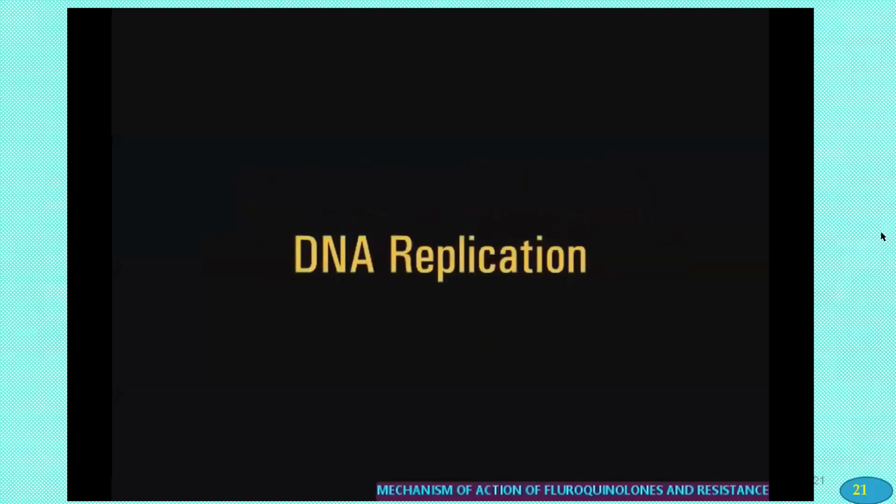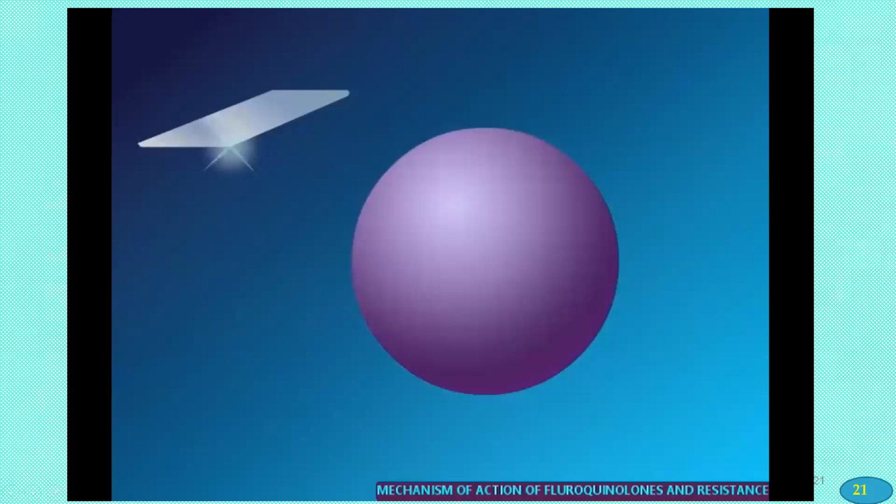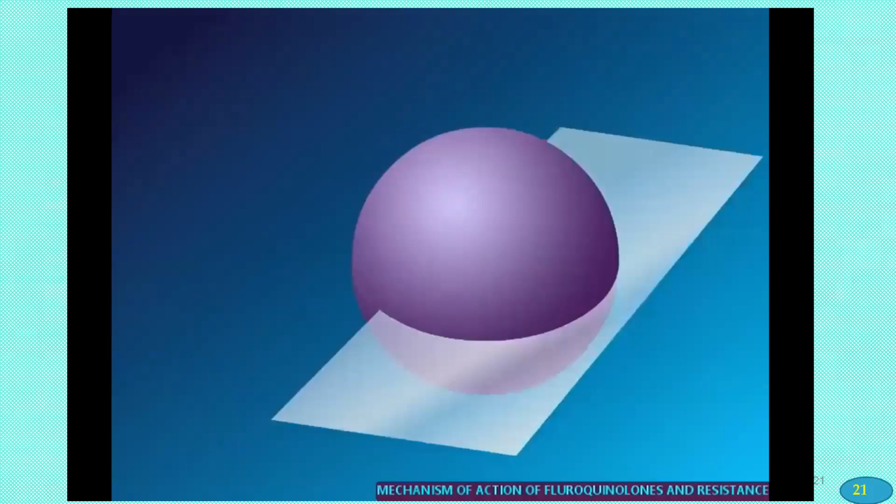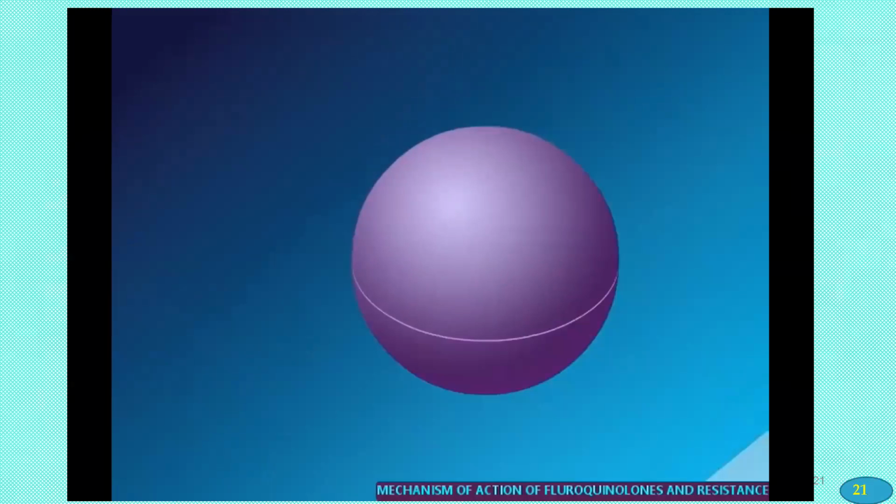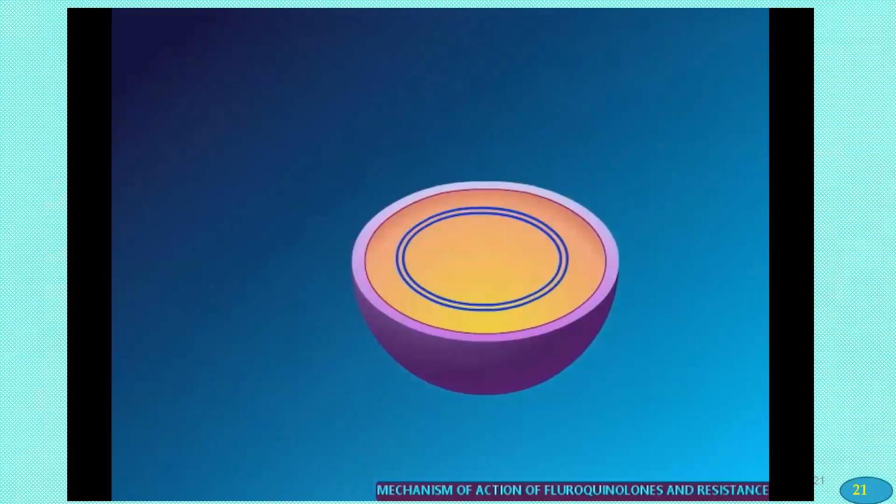Then the DNA replication process, of course, is very important. The DNA gyrase enzyme is present inside the bacterial cell, and the fluoroquinolones enter the bacterial cell by passive diffusion and attach to the bacterial circular DNA.